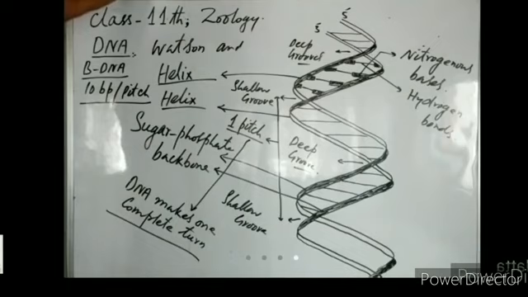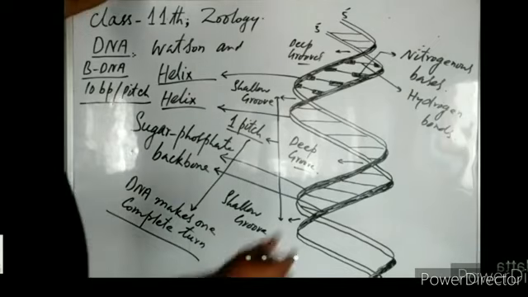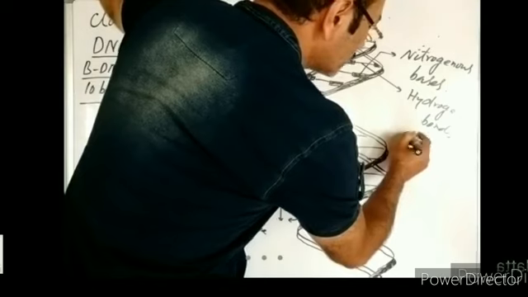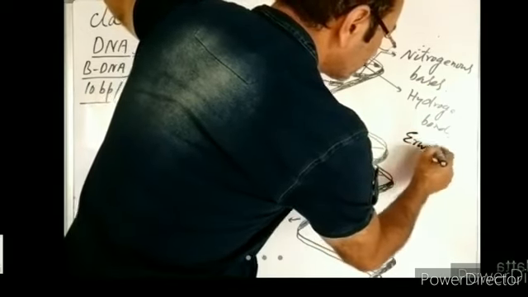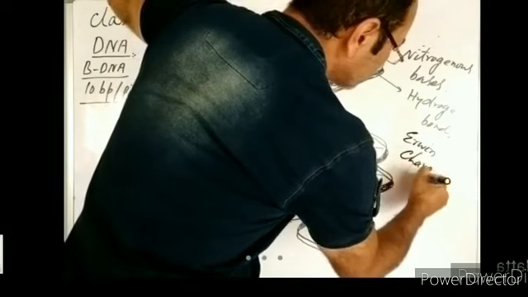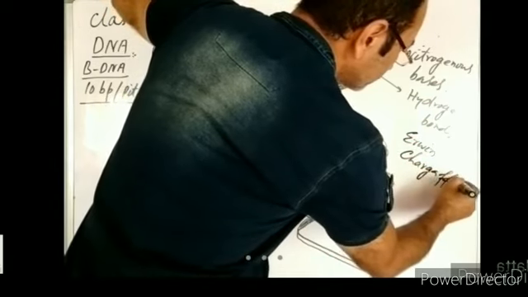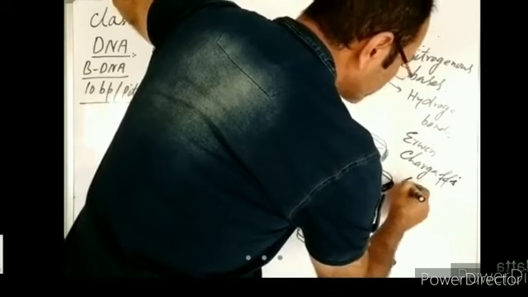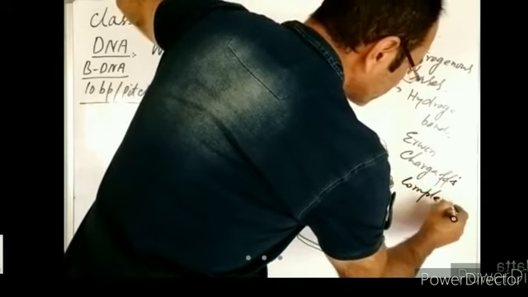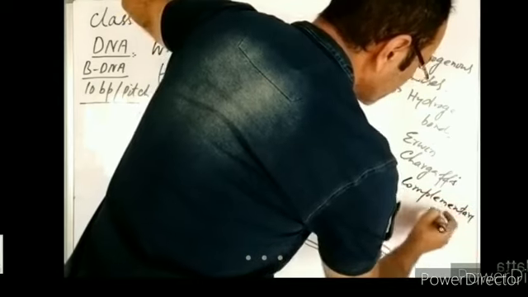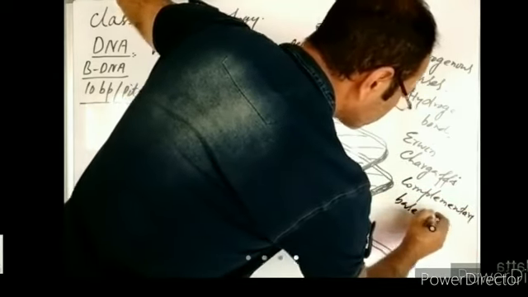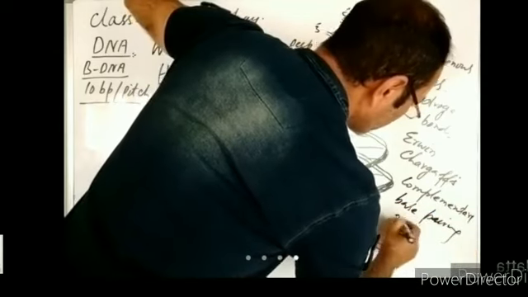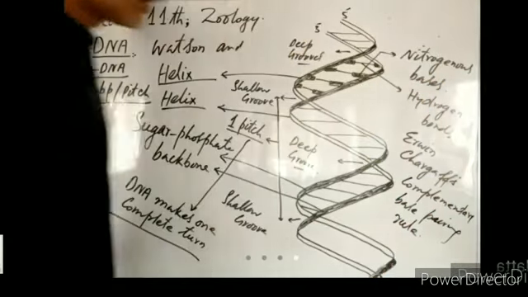What is a base pair? According to Erwin Chargaff's complementary base pairing rule, the nitrogenous base adenine will always pair with thymine.